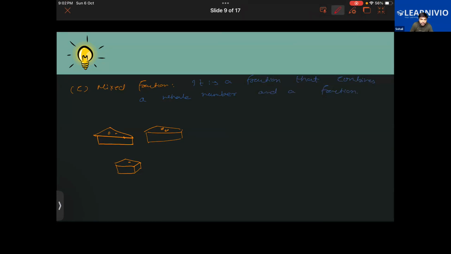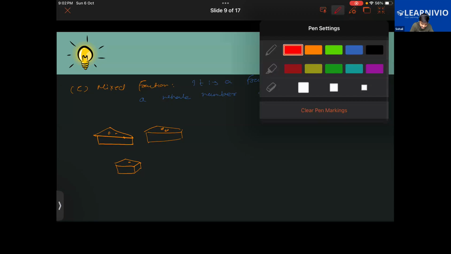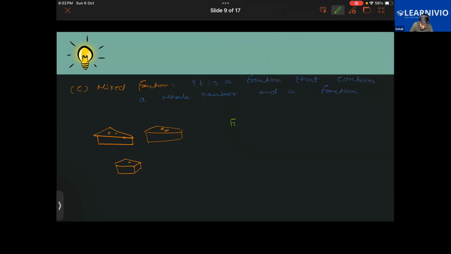We have 2 full pastries and 1 half pastry. How many full pastries are there? 2. This one and this one, no? And how many of it is half? One of it is half, no? So we have half a pastry over here, and we represent it by 1 upon 2.